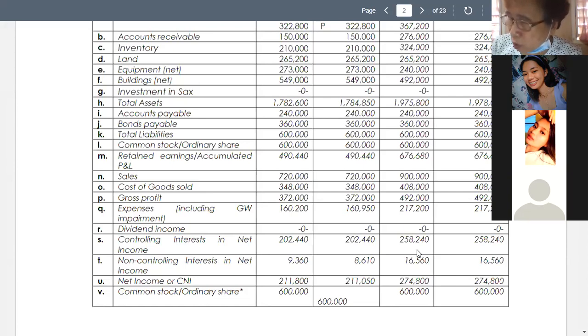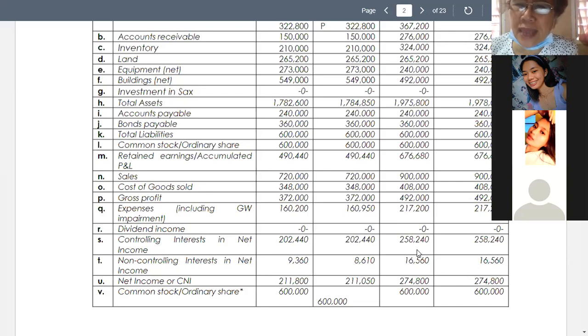We are going to compute for net income of S, 60,000. And then we deduct the allocated excess, including the goodwill impairment that we have computed in 1B for the current year, 13,200.